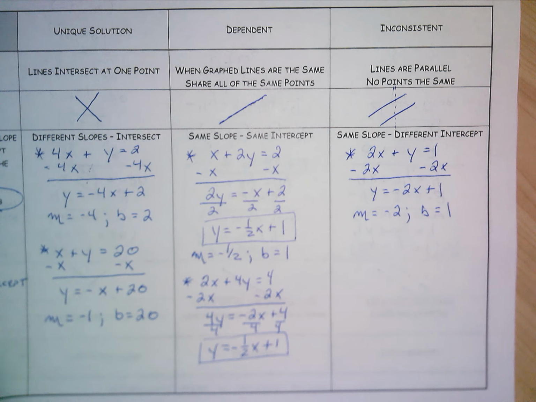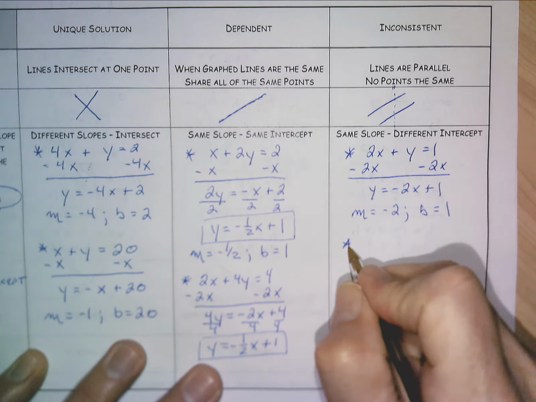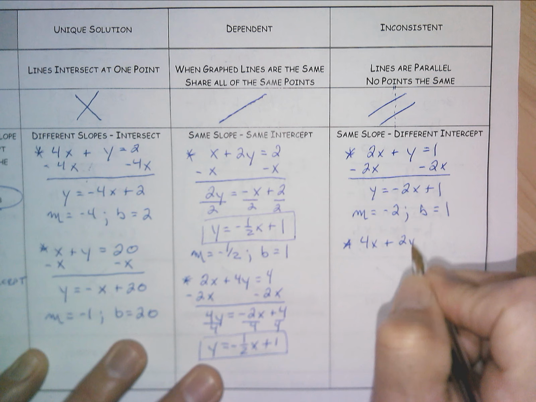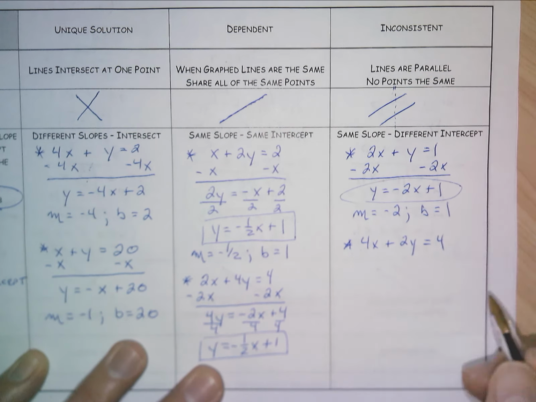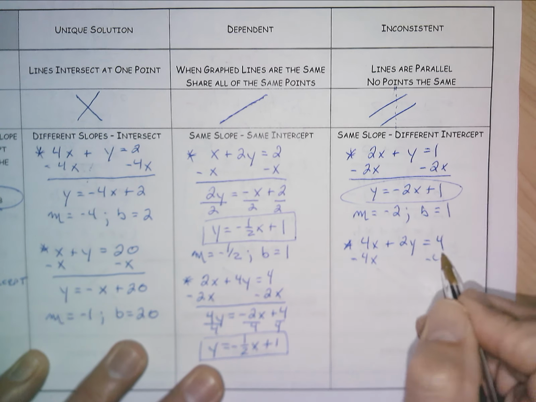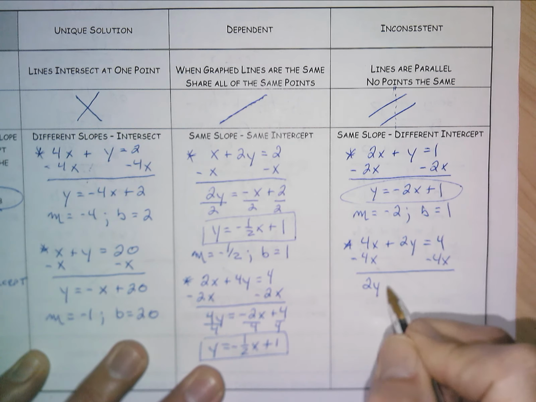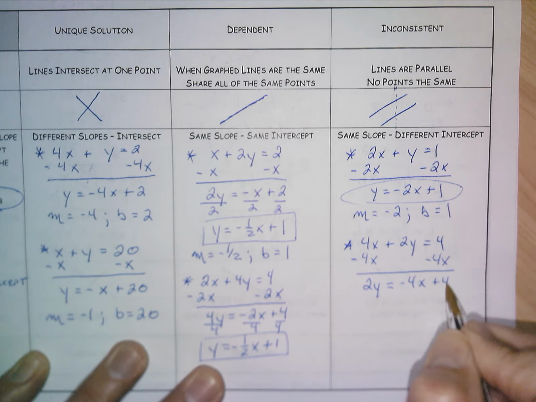All right, let's look at the second equation we were given for this system. We were given 4x plus 2y equals 4. I'm going to put it in this form. Got to move the x over first. 2y equals negative 4x plus 4.